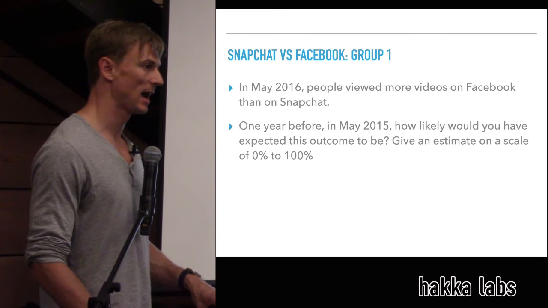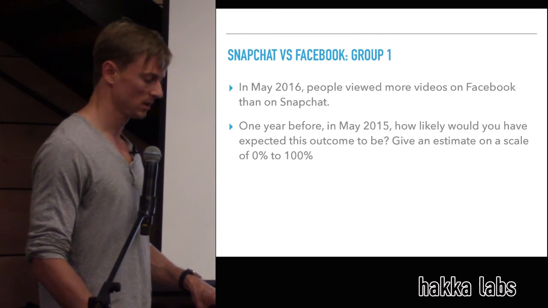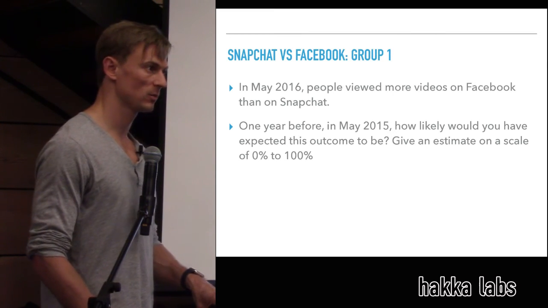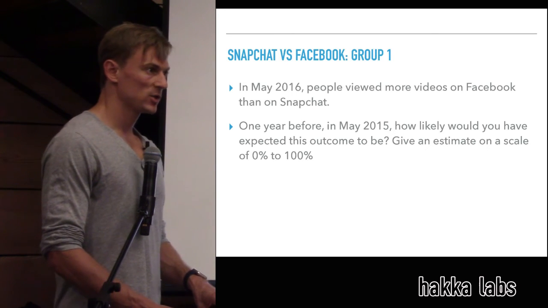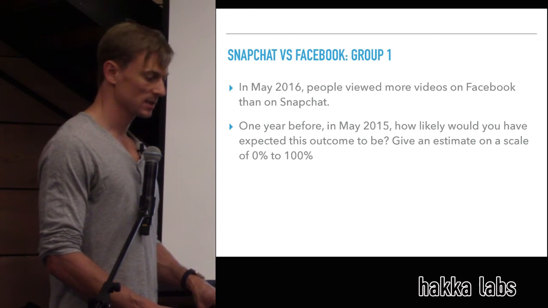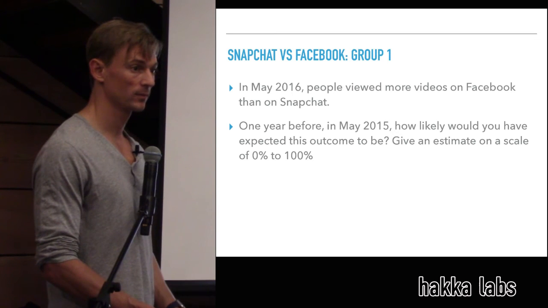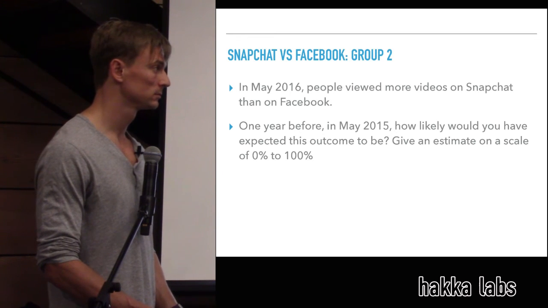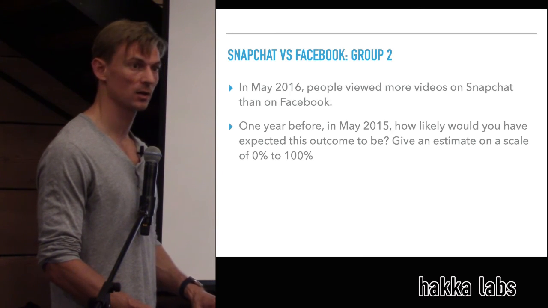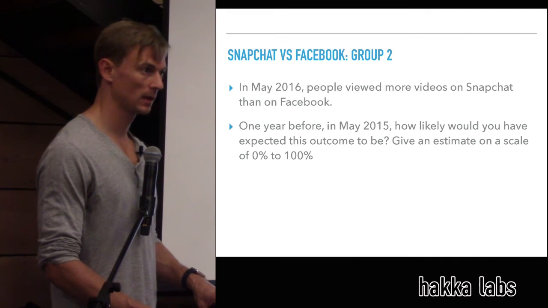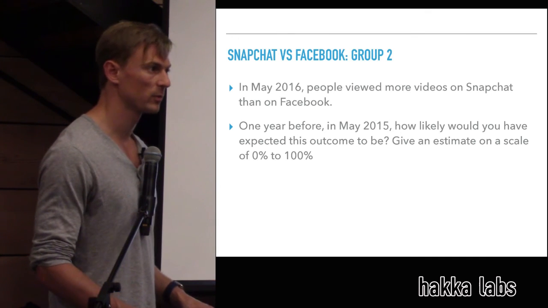Okay, let's see how people guessed. So, really simple this time. Raise your hand if you thought it was 50% or less to your question. Less than 50%, okay. And more than 50%.